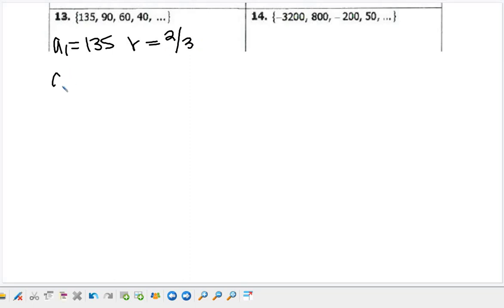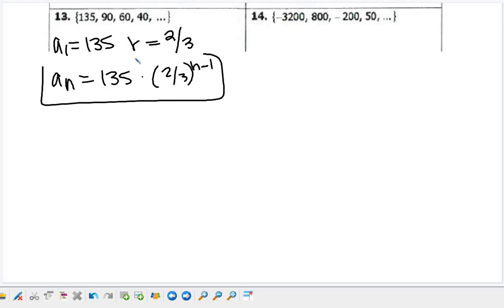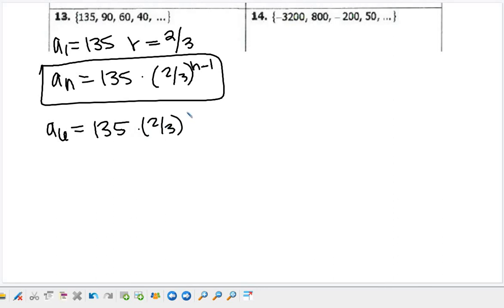So then my rule, a sub n is equal to my first term times my common ratio to the n minus 1. There's my rule. So my sixth term, 135 times 2/3 to the 5th. So a sub 6.